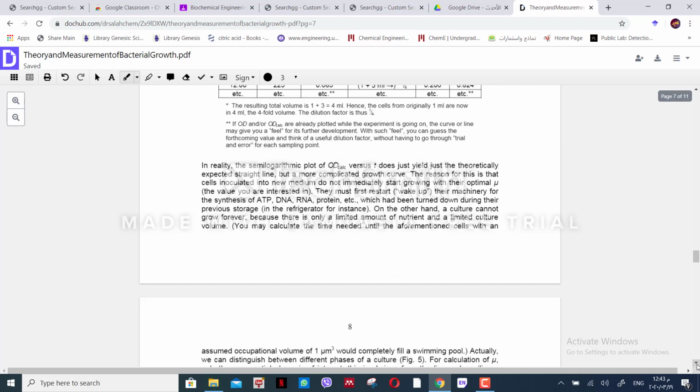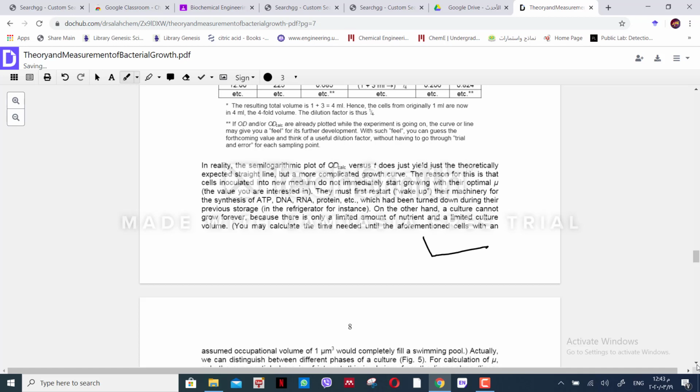So in reality, the semi-log plot of optical density calculated versus T does not yield just the theoretically expected straight line, but a more complicated growth curve.